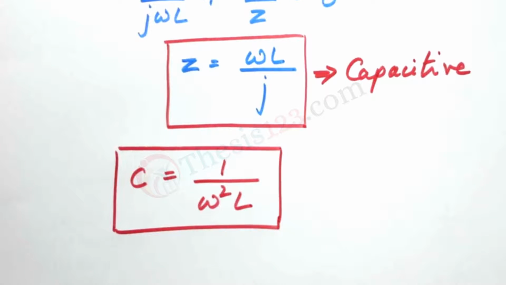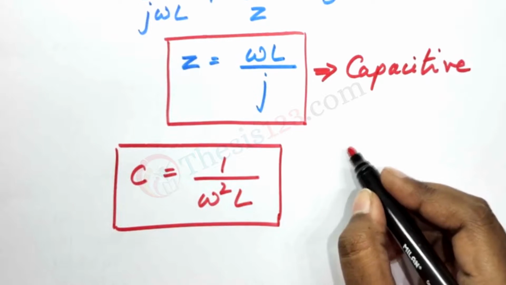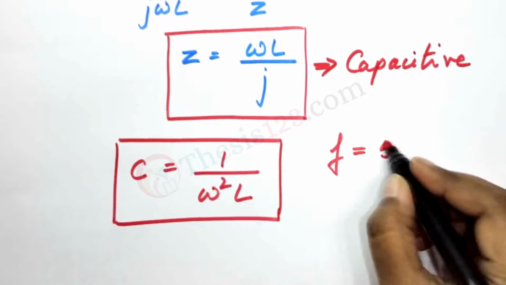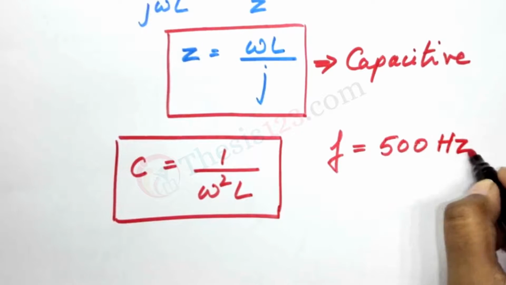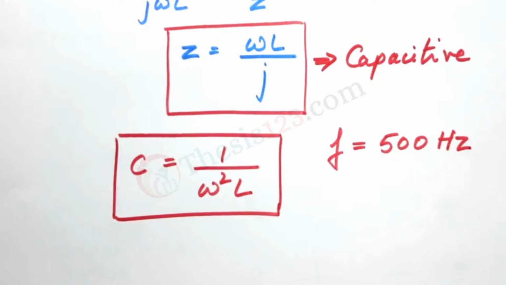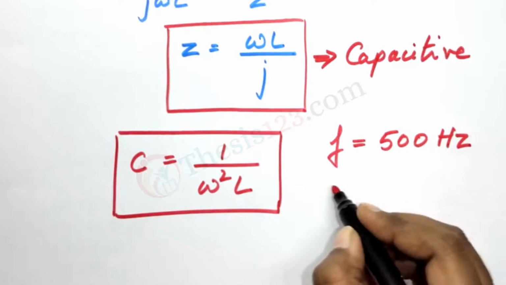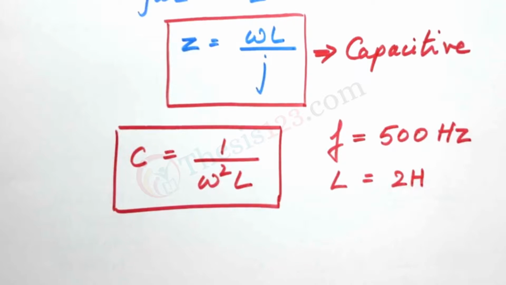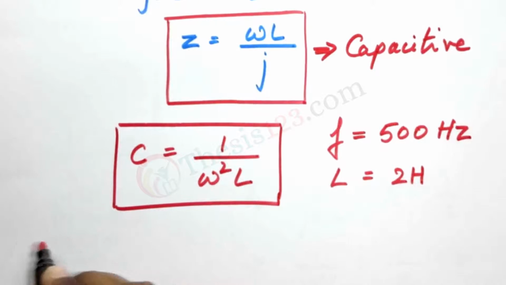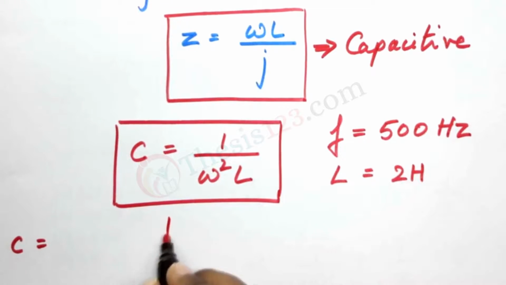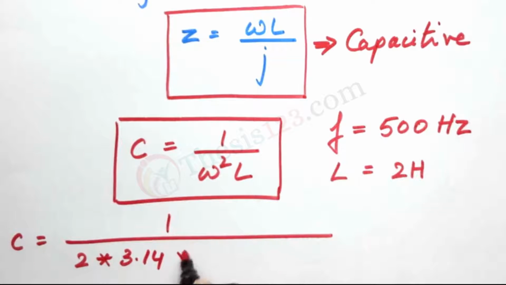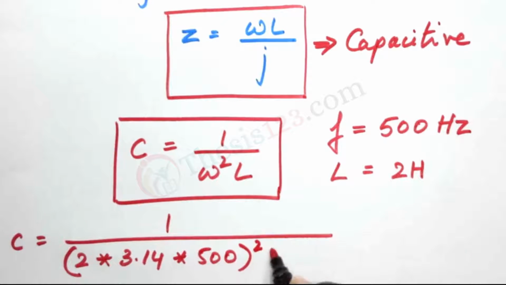We have the values already given to us. We have the frequency f as 500 Hz, and the inductance is given as 2 henry. Let's substitute the values into the capacitor expression. C is equal to 1 divided by the entire term, 3.14 times 500 times 2, where omega is 2 pi f, into 2.